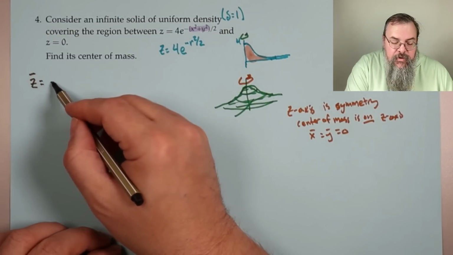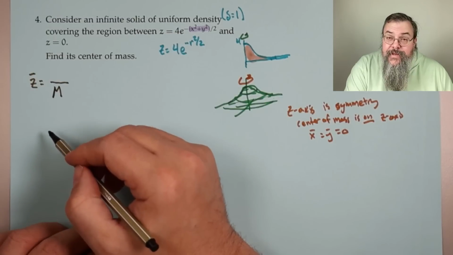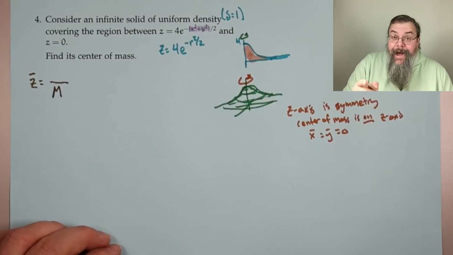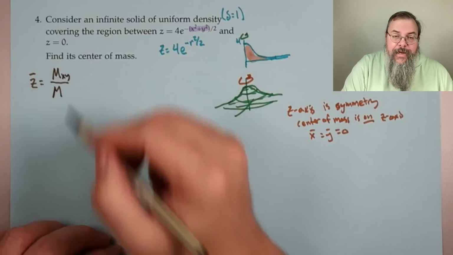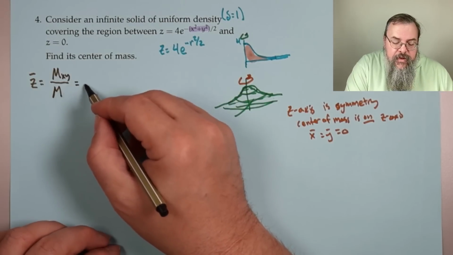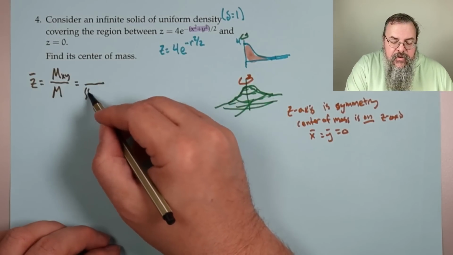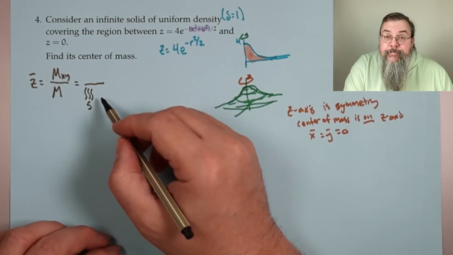Well, that's going to be a ratio. Downstairs is the mass. Upstairs, take a moment. Yes, it's the moment with respect to the xy plane. But what it really is, we can say, downstairs, it's the integral over our solid of our density.